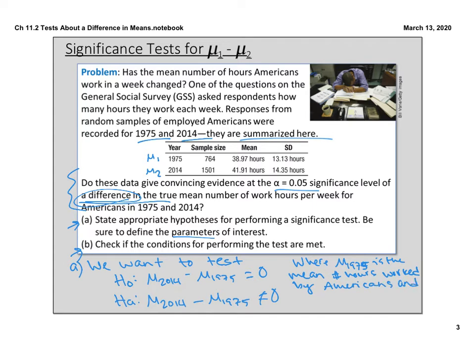And mu 2014 is the mean number of hours worked by Americans in 2014. I'm running out of room, sorry. Okay, great. List your two parameters. Hopefully you can make them a little bit more legible than mine are. I didn't have quite a whole lot of room there to write those out, but hopefully that makes sense. Basically, you need both parameters listed.